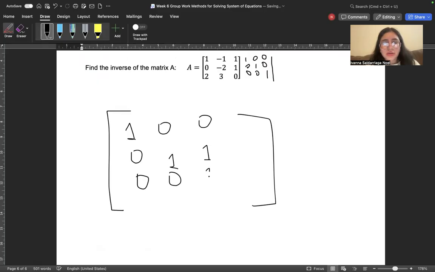Okay, 1. So the first thing that I did is R3 minus 2R1 plus R3. R3 is this one, so minus 2R1 will be minus 2 here. So this number will be minus 2.